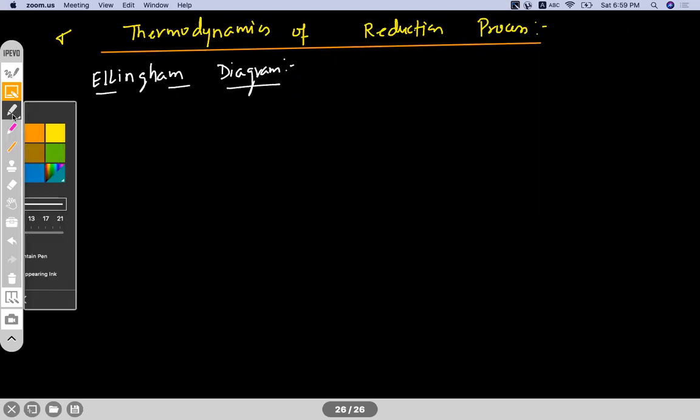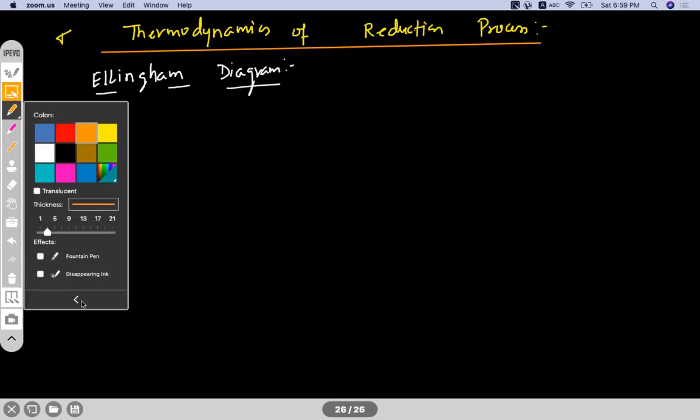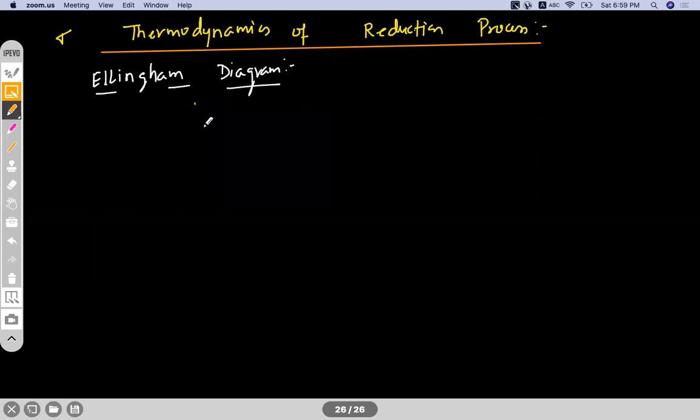It is basically the plot or graph of delta G naught and temperature. Write the heading Ellingham diagram: graph of delta G naught versus temperature.